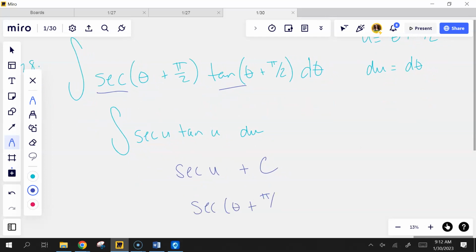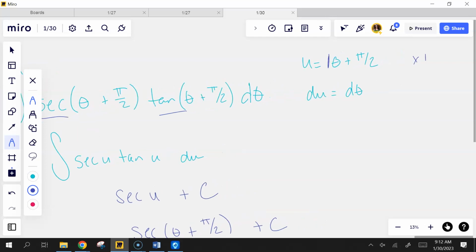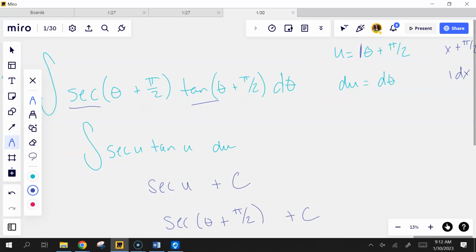Theta is just a variable like x. Because it's 1. Think about it. If it was like x plus pi over 2, it would just be 1 x. You just follow it with whatever.